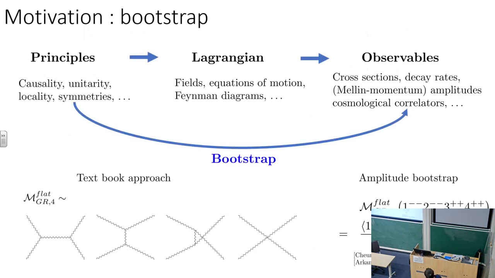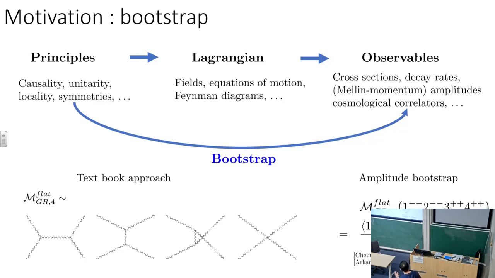The first thing I want to say is the motivation for why we need on-shell bootstrap in computing all these physical quantities. First of all, in the usual textbook method, we write down our Lagrangian based on physical principles such as causality, locality, and unitarity, and then we compute our observable, like the amplitude or correlator, based on the Feynman diagrams that we write down according to our Lagrangian.